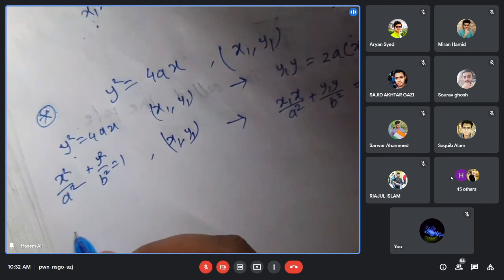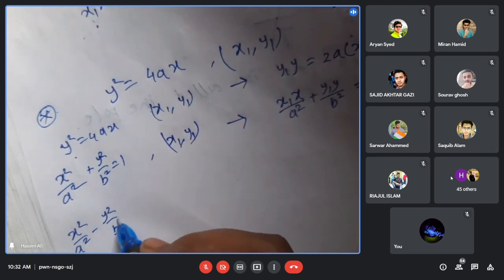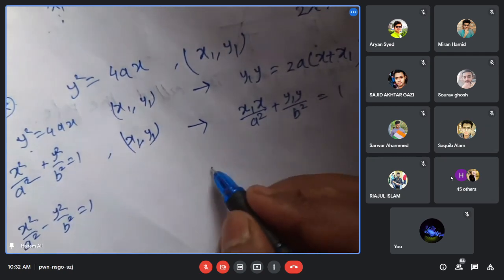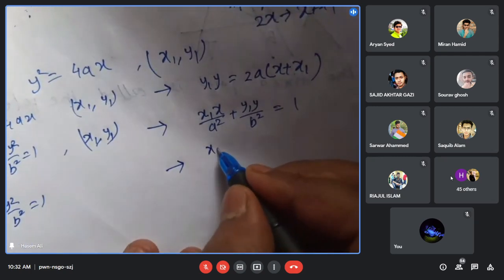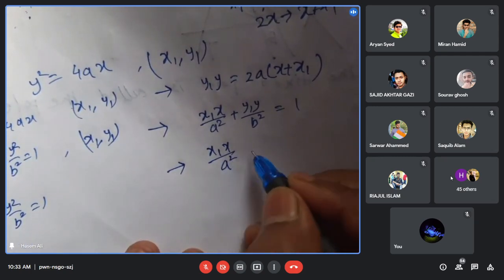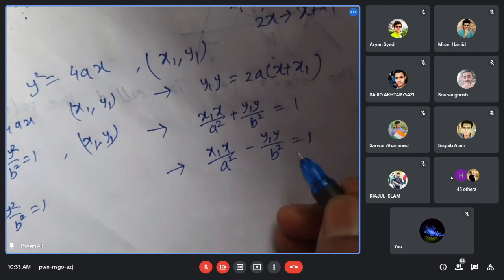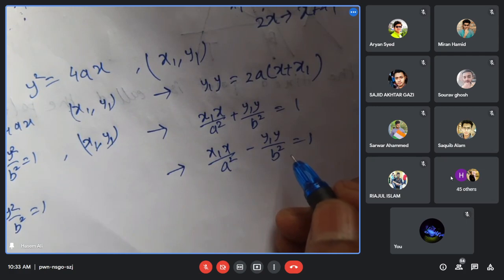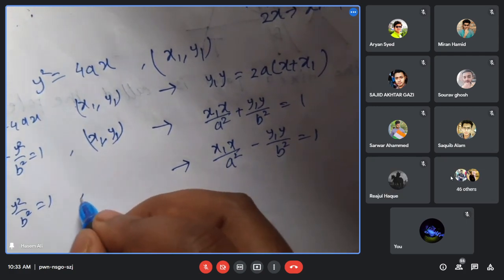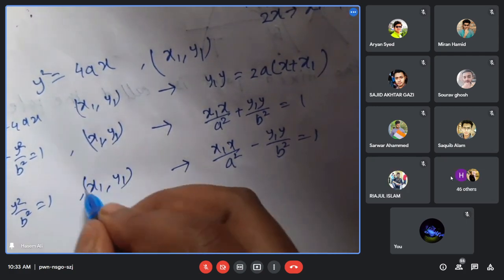For the hyperbola x square by a square minus y square by b square equals 1, the polar will be x1 x by a square minus y1 y by b square equals 1. Here the point is x1 y1.